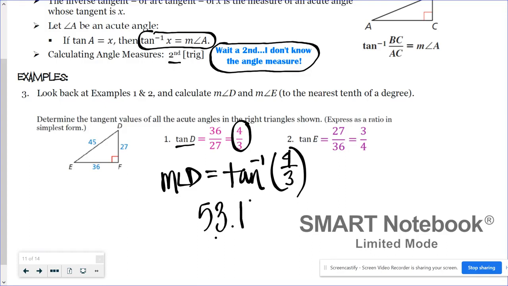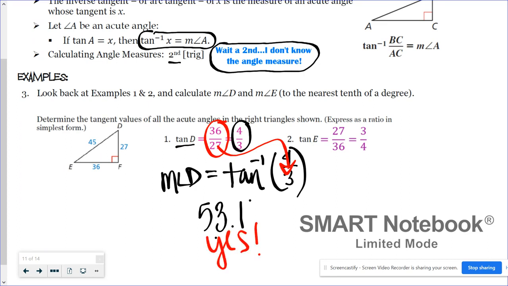Here's another question. Do we have to simplify the ratio before calculating the inverse tangent? What I'm asking is, could I have used 36/27 instead of 4/3 and gotten 53.1? Yes.